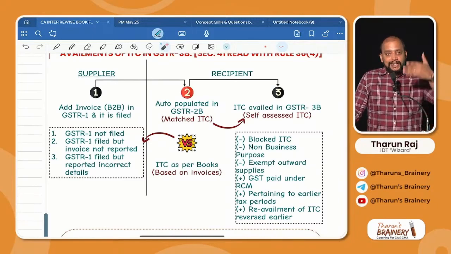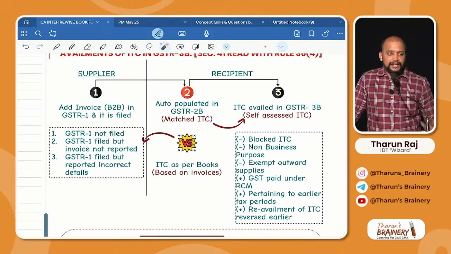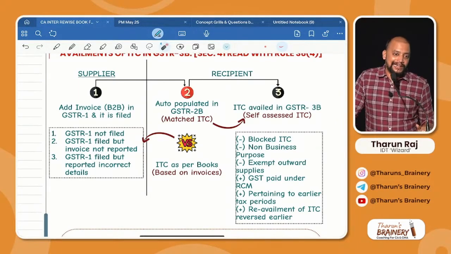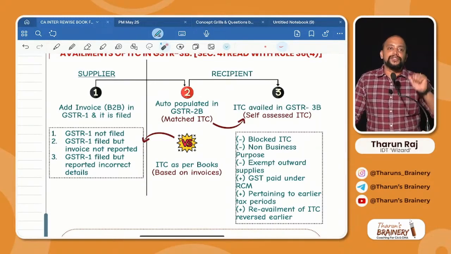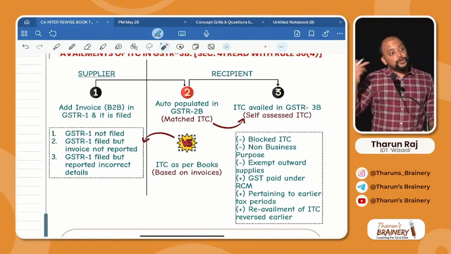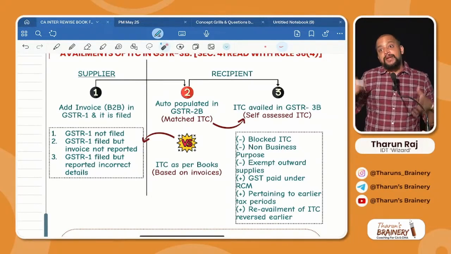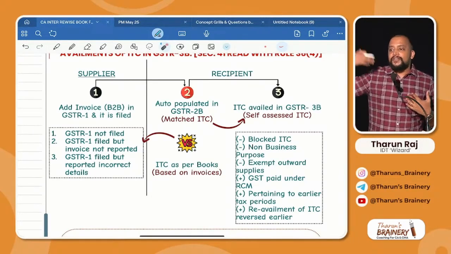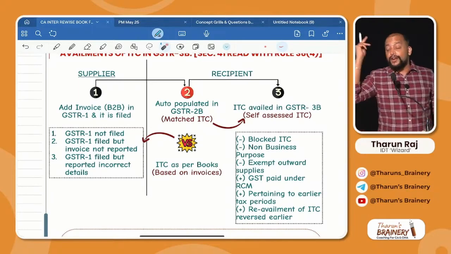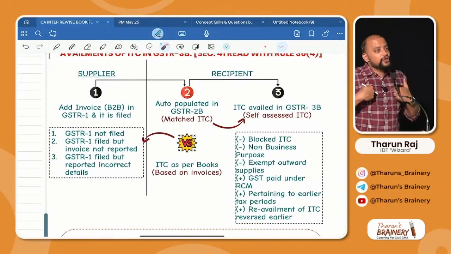And I will get in my 2B some washing machine purchased, fridge purchased, etc. But I am not purchasing a washing machine for my business, and for my business a washing machine is in no way connected, as if I am washing the clothes of the students. Got it? Therefore the washing machine is in no way connected to me, and it will come in 2B. Why will it come in 2B? Maybe the portal doesn't know which business I am in. So they will give it. But as it is used for non-business purpose, I should not take the credit.